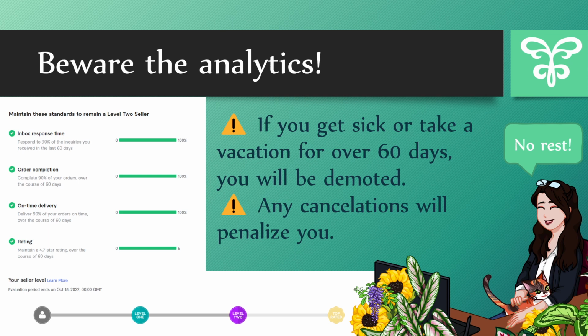So if you're arguing with someone from your country in your native language, Fiverr employees can only understand English. So if you're arguing with that person in, I don't know, whatever language, they will not be able to understand what you guys are arguing about, and it can complicate things quite a lot.